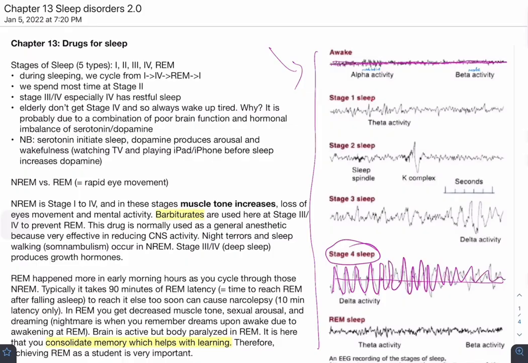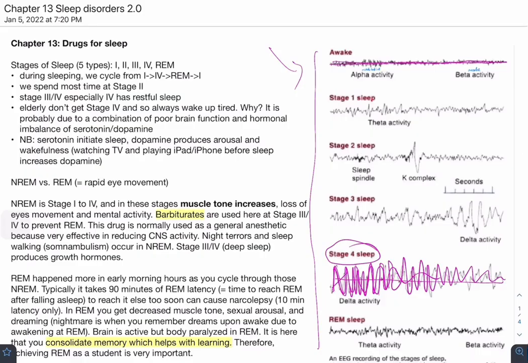So awake and stage 4 sleep almost look alike, but there is strong intensity of the mountain hills and valleys. So now you know the difference when you look at this EEG recording.